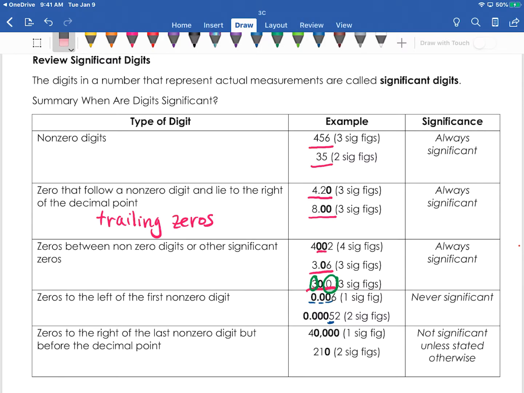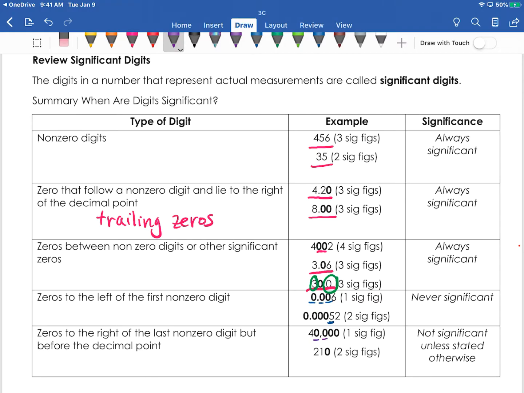The last rule, if you have zeros to the right of the last non-zero digit, but on the left-hand side of the decimal point, they are not considered significant unless otherwise stated. So you can always assume if you have, say, 30,000 or 75,000, that all those zeros are insignificant unless otherwise stated.